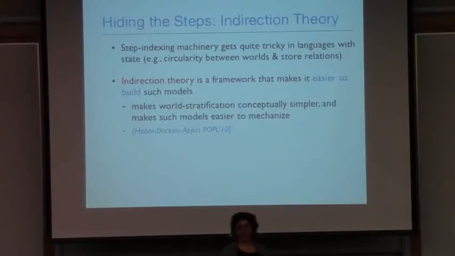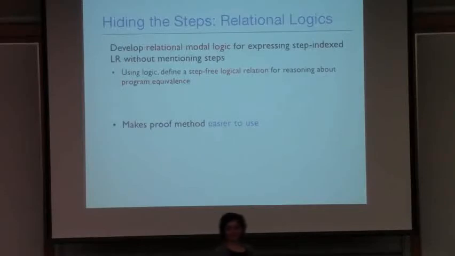I am not going to go into various things. There's been a lot of work on hiding the steps. You can do this in two ways. I'll mention this one. You can build a relational logic on top of the step-indexed logical relation and essentially hide all the steps, except in a few places you'll have this later modality. And those places will mark where you need to go down a step.